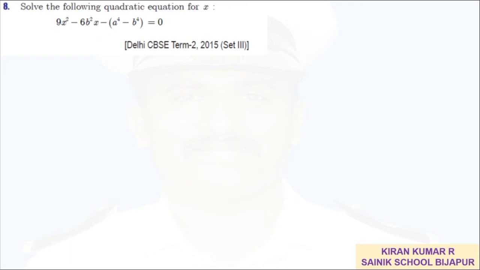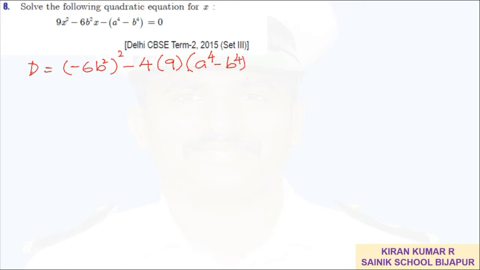It becomes easy if I use the quadratic formula. Let me first find out the d value, which is b square, which is minus 6b square whole square minus 4ac, 4 into 9 into a raised to the power 4 minus b raised to the power 4.